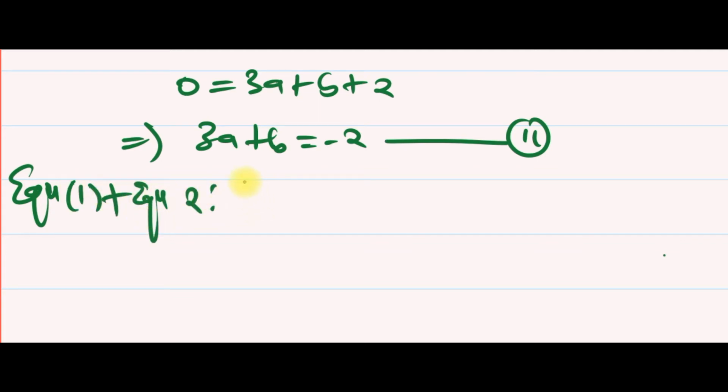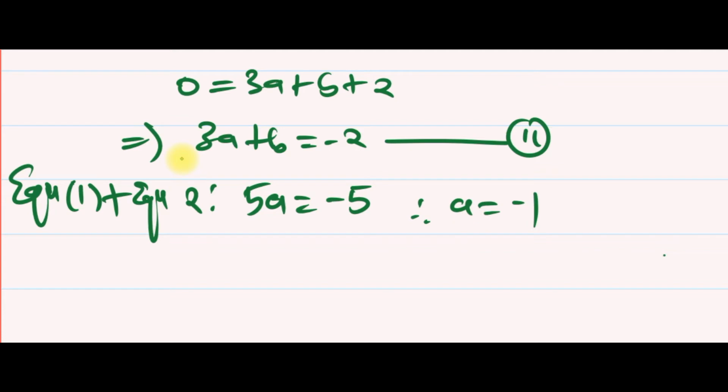We have 2a plus 3a is 5a, minus b plus b is 0, and minus 3 plus minus 2 is minus 5. Therefore, dividing both sides by 5, that's how we got a as minus 1.